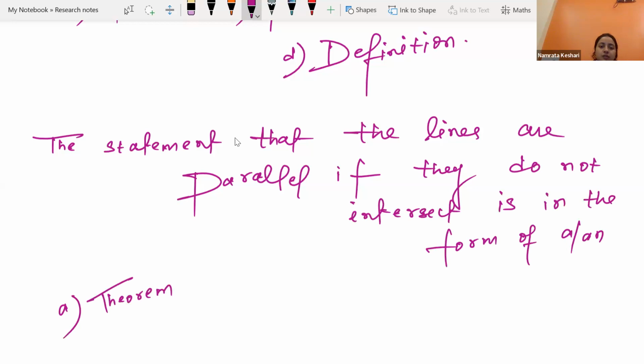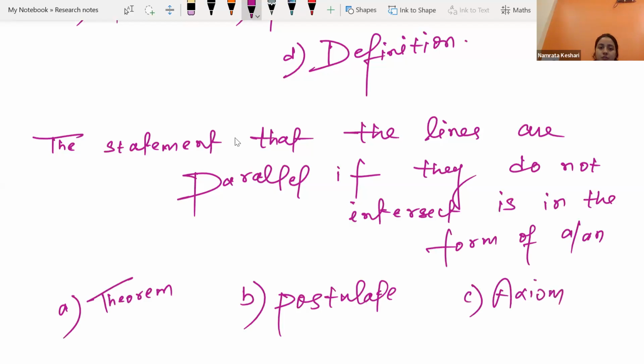Is it a postulate? Is it an axiom? Is it a definition?